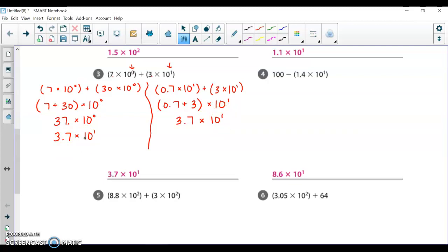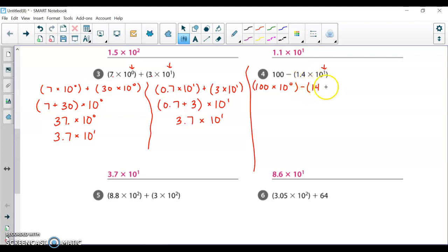Okay, I'm going to do one more. So number 4 here. Again, I have a whole number here that is not in scientific notation. So if we were to write this first, we could put 100 times 10 to the power of 0. And what we could do then is change our exponent over here to match. So remember, when we subtract, we move to the right.